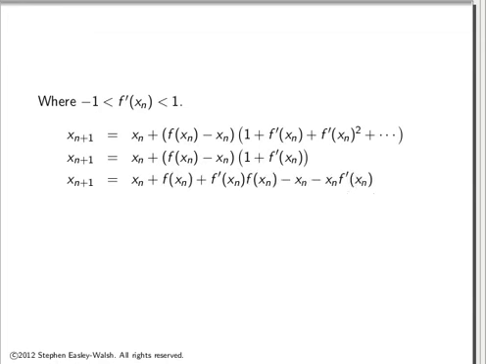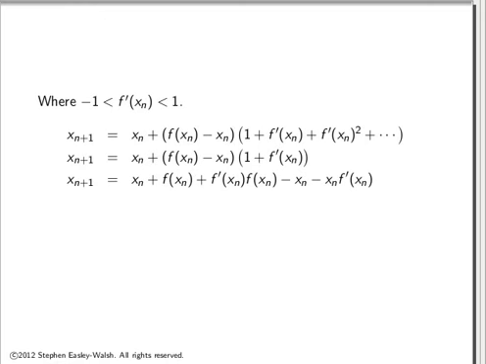Okay, did I do that right? f(xn), yeah, plus f(xn) times f derivative, yeah, minus xn f derivative xn. Okay, happy with that? Yep, alright.